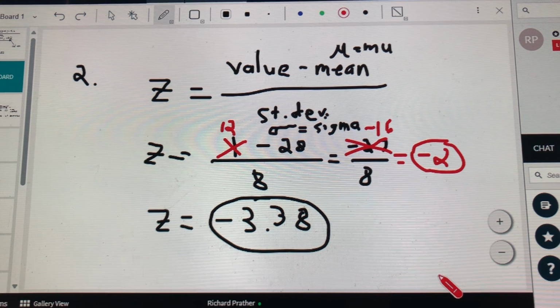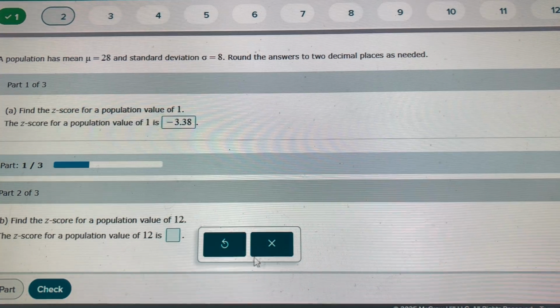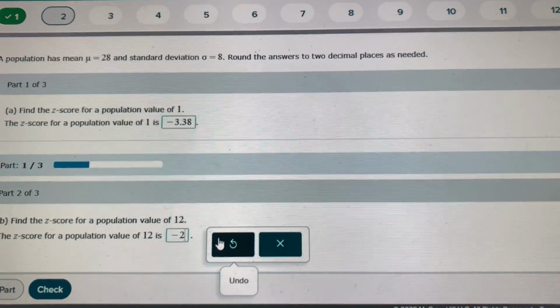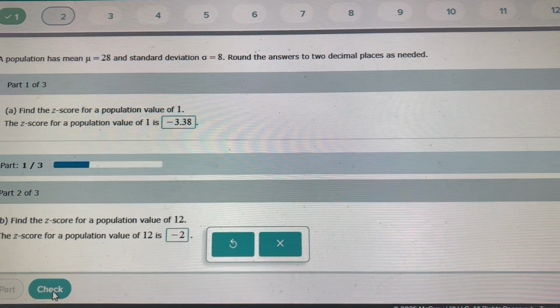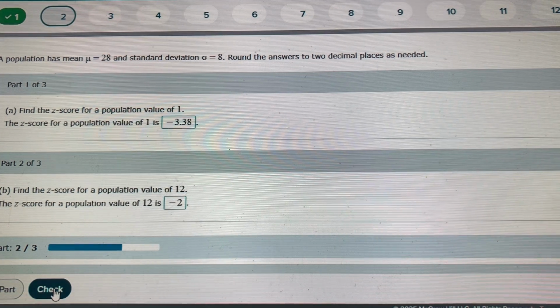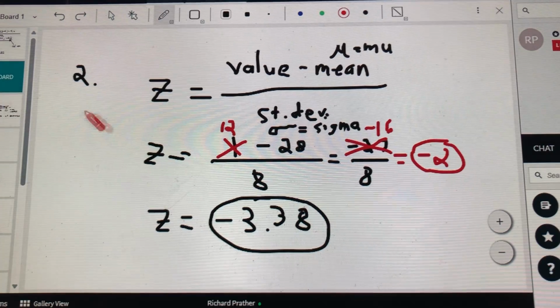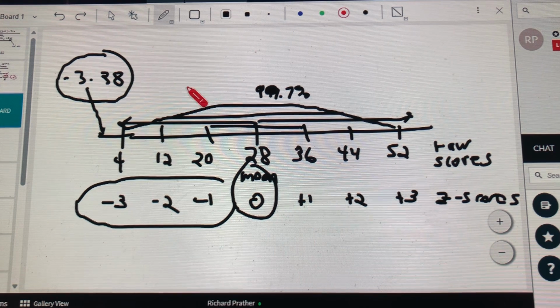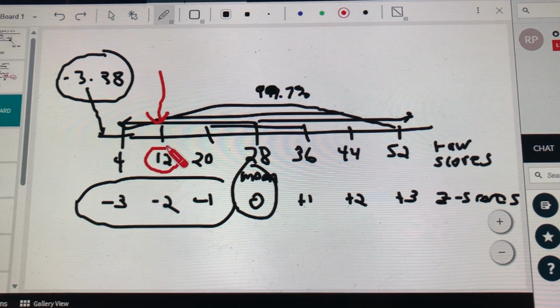Anytime your z-score is negative, that means you're below average, and obviously we don't want to be below average or negative. But if they're both negative, then one of these is better than the other. It's better to be -2 than it is to be -3. You're higher up on the scale. See, -2 is 12 exactly. 12 has a z-score of -2.